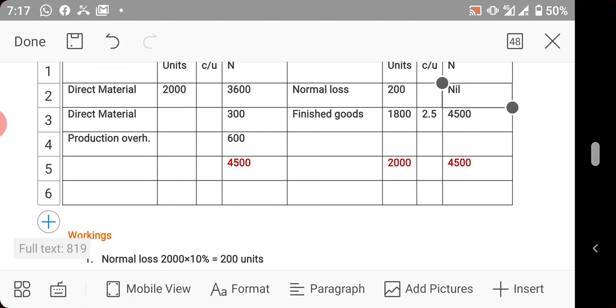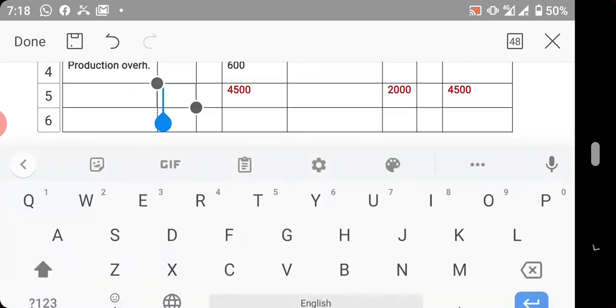Now, finished goods, we have 1,800. How did we get 1,800? If you lost 200 in the production unit, the finished goods will be what? 1,800. Now, this is the balancing figure. So let's take the total. Here is 2,000.